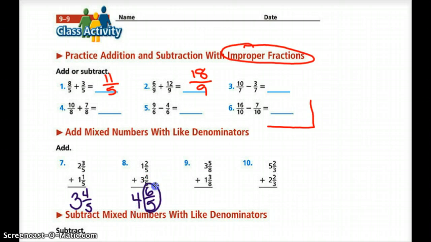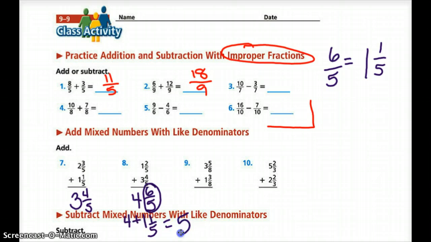This is improper. I need to change that. So I'm going to go up here. 6/5 equals 1, because 5 goes into 6 one time with 1 left over and 5. So now I do 4 plus 1 1/5, which equals 5 1/5.